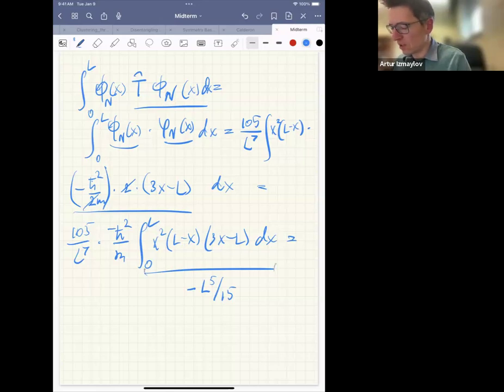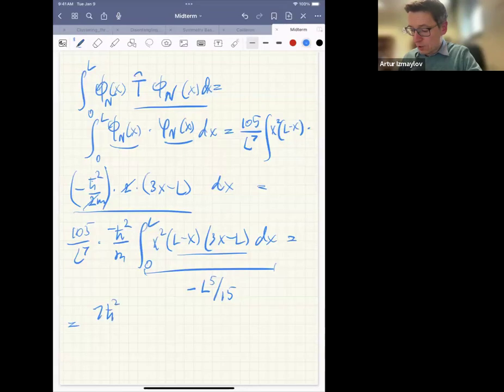In reality, it's just 4 terms you can integrate, and they're all powers of x, easy to integrate. Then after doing all the cancellation of constants, because 105 is 3 times 5 times 7, and 15 is 3 times 5, you have a lot of cancellation, which gives you 7h bar squared divided by m L squared.